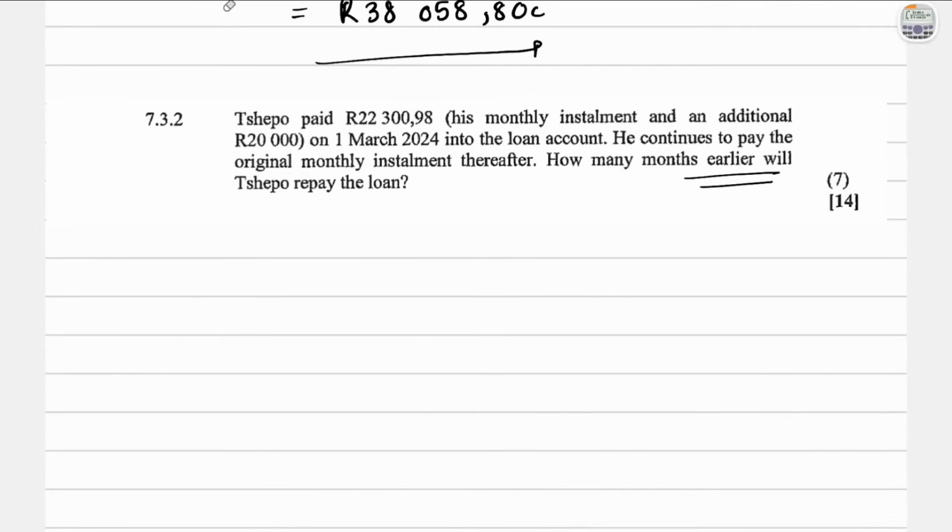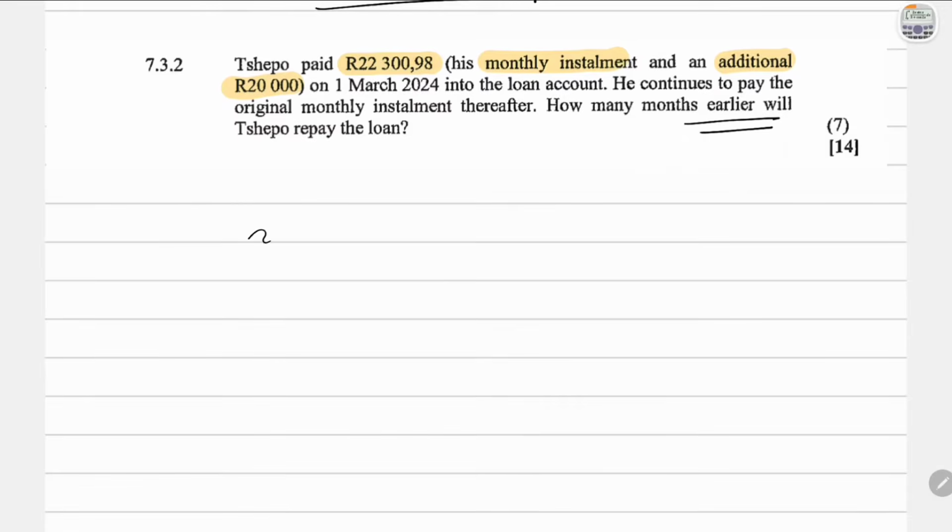Okay, let's break this down. They said that he paid in total 22,398, and they're saying that this amount is his monthly installment. Installment, it's one payment, right? And an additional 20,000 Rand. Now we can actually break that up and see that it is true.